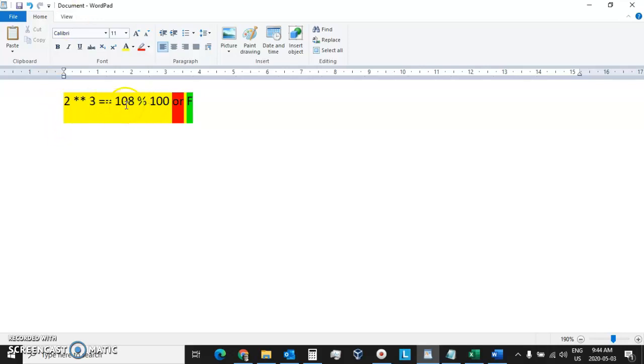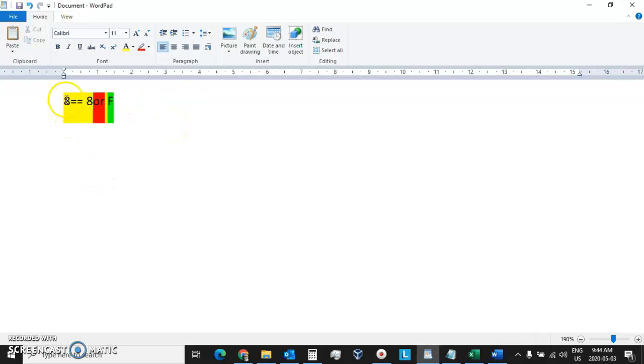On the left side, we have an exponent here, 2 to the exponent 3. So 2 times 2 times 2, well, that gives you 8. And then 108 remainder 100. Well, when we divide 108 by 100, there's a remainder of 8.